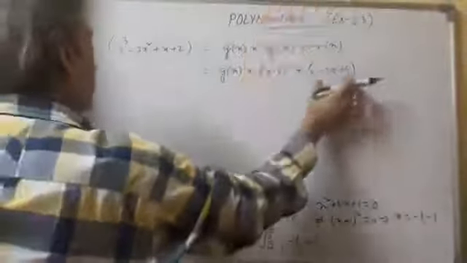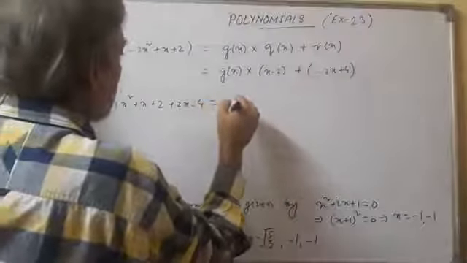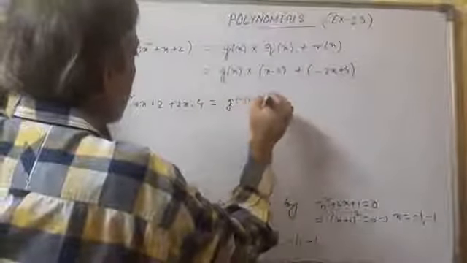So how to find g(x)? What we will do is transfer this remainder r(x) to the left hand side. This equals g(x) multiplied by (x - 2).